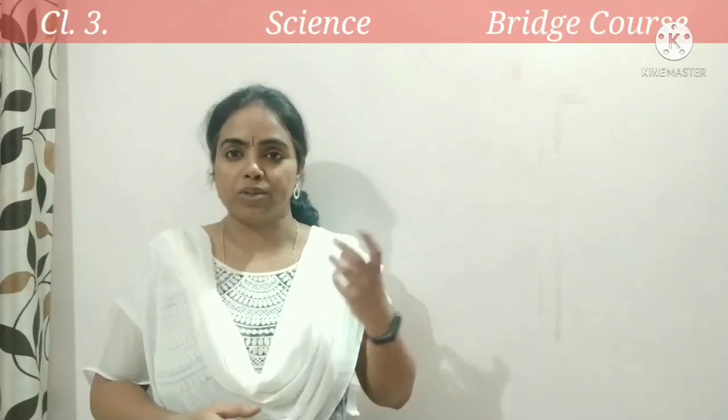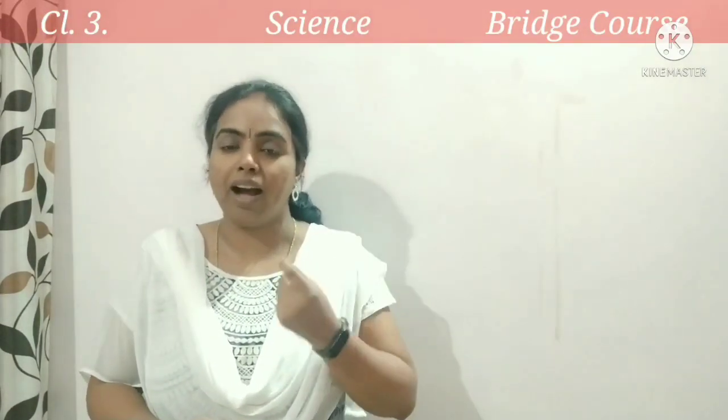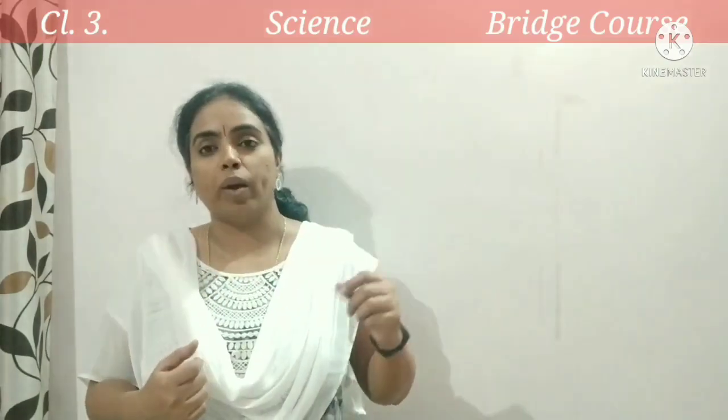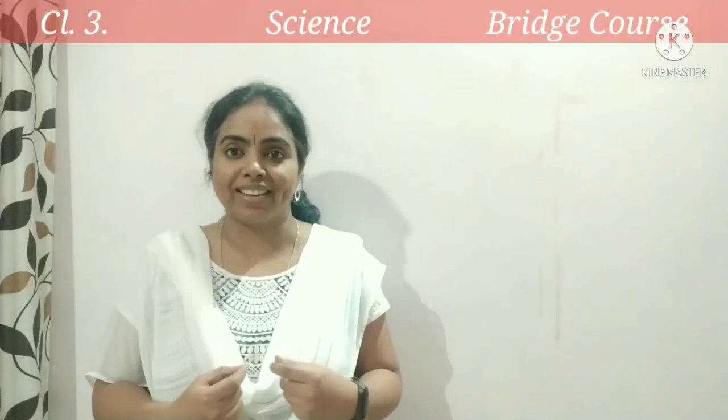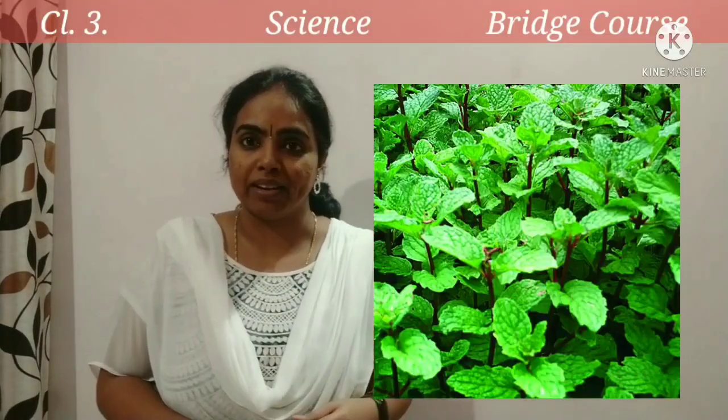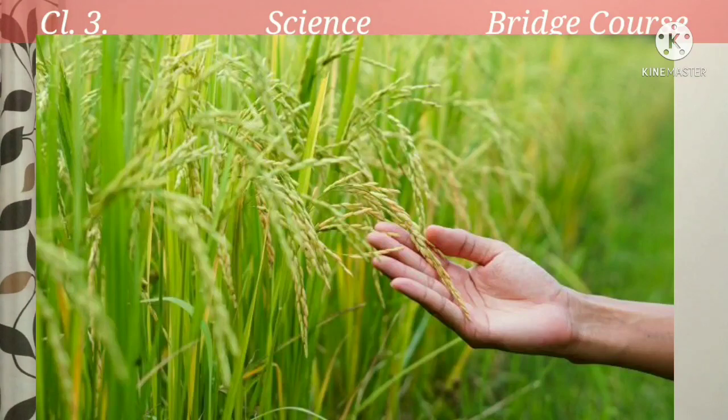In shrubs, you see that the stem is hard and woody, whereas in herbs, the stem is soft, tender and green in color. Alright children, some of the common examples of herbs are mint, paddy, maize, wheat. All these are some of the common examples of herbs.